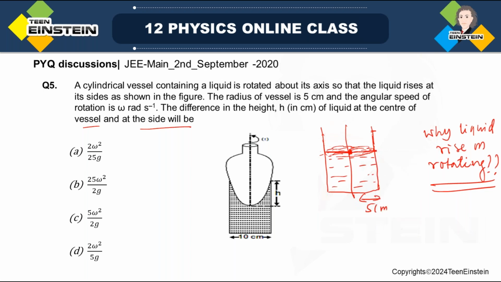Everywhere it will be atmospheric pressure, at this position, this position, this position on the top surface. If I say this position is A and this position is B, everywhere the pressure will be the same. PA and PB will be the same, because this is the top surface and it will be atmospheric pressure.